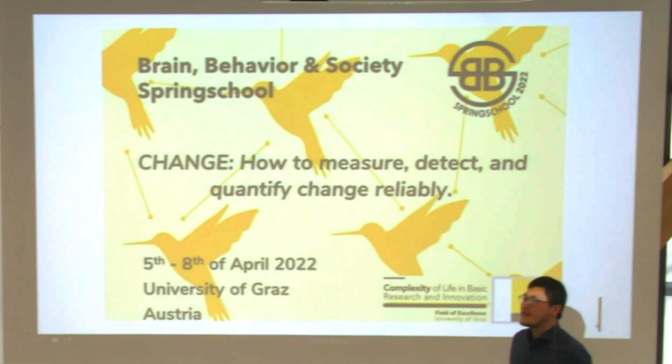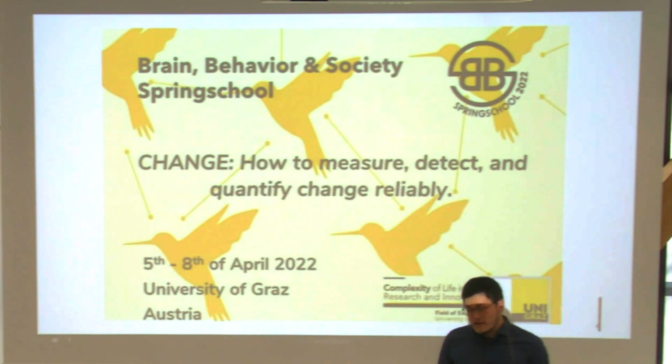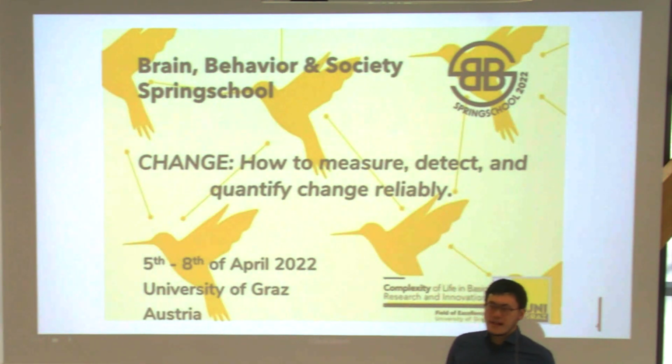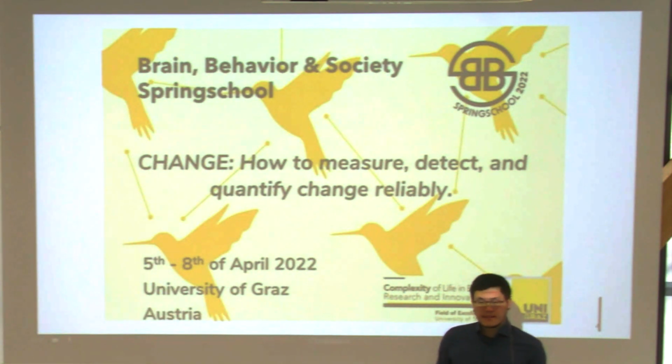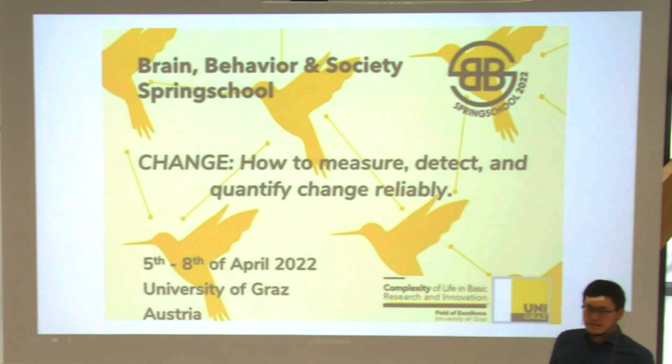There are changes in the environment, and people usually have to respond accordingly. If there's a change, you detect it as an individual, and then your behavior will also change accordingly. This is already called flexible behavior.